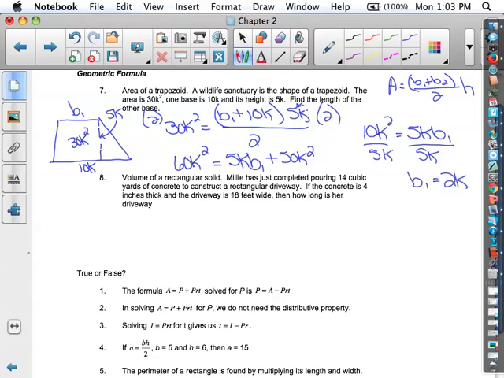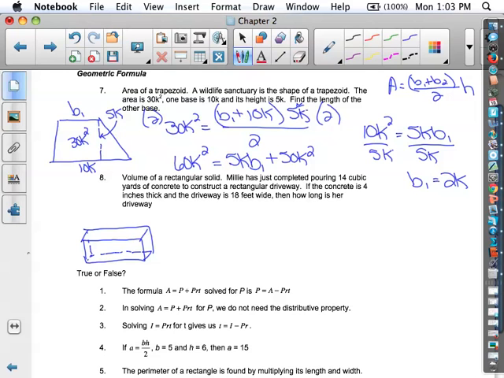Last problem we're going to look at today is the volume of a rectangular solid. So all of our little geometry is going to come back. A rectangular solid looks like this. And it says, Millie has just completed pouring 14 cubic yards of concrete to construct a rectangular driveway.